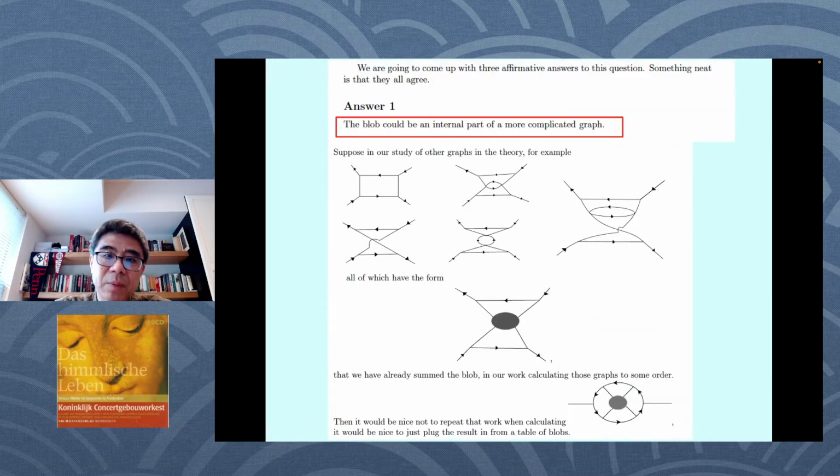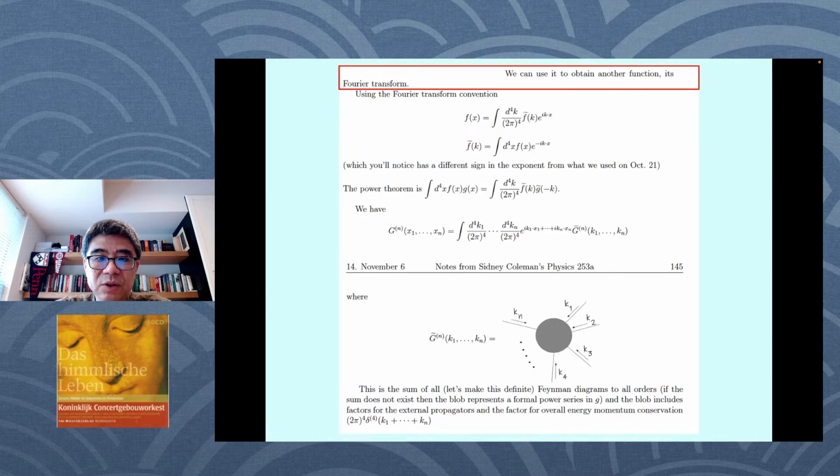And we come up with two answers, or two significances, or two meanings of these functions.